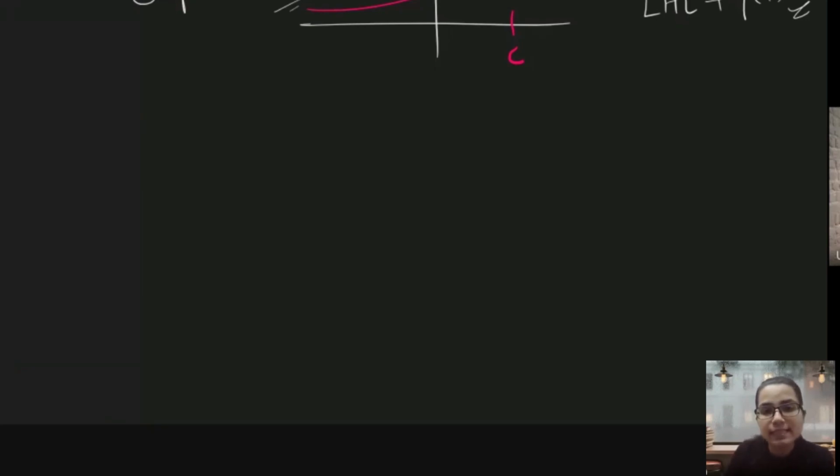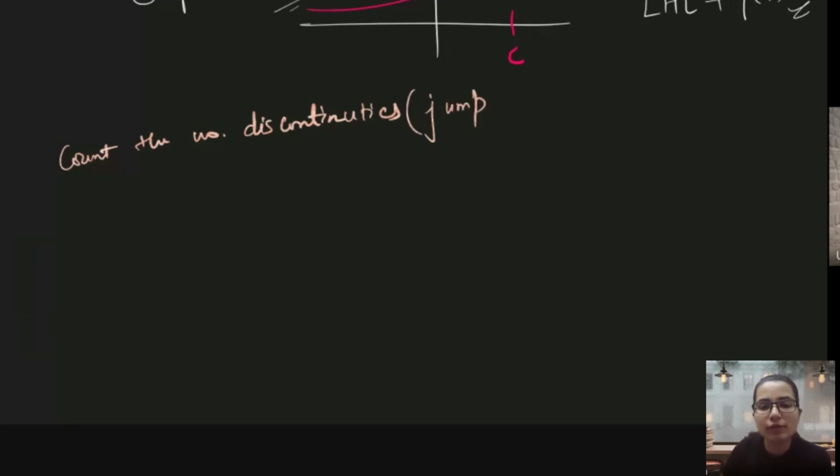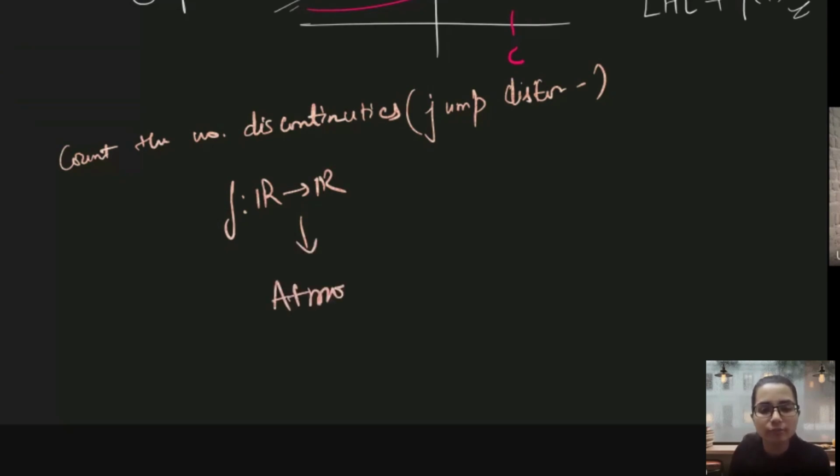So this idea says that if you try to count the number of jump discontinuities of any possible function in this world, you can always have at most countably many of them. They are not more than countable.